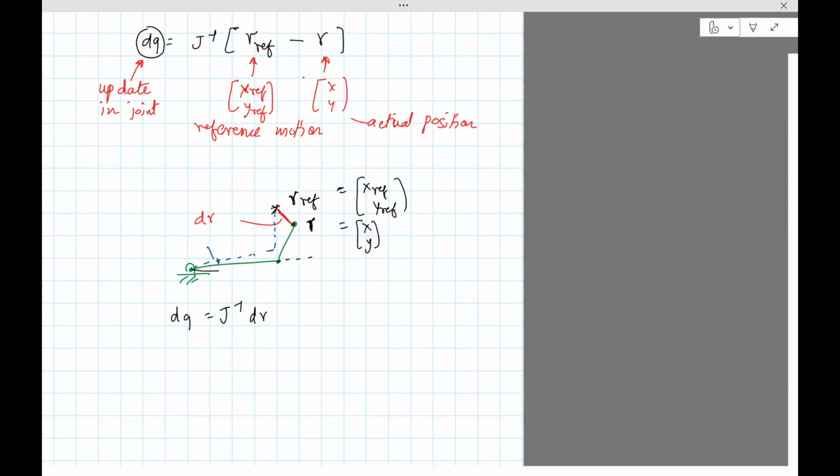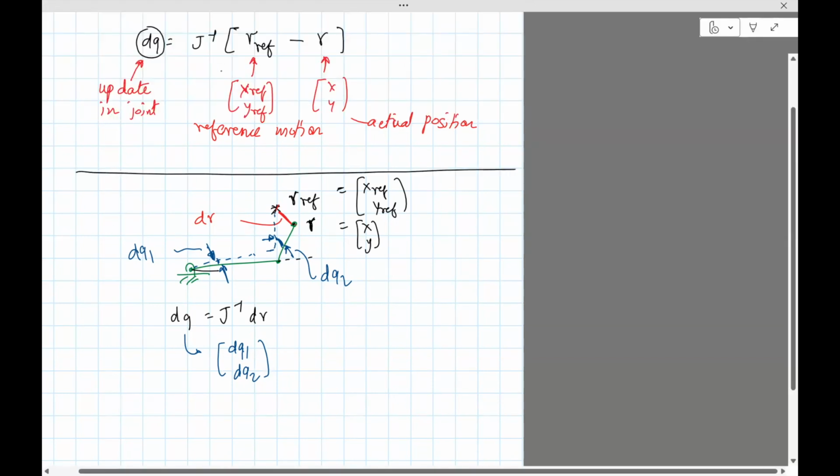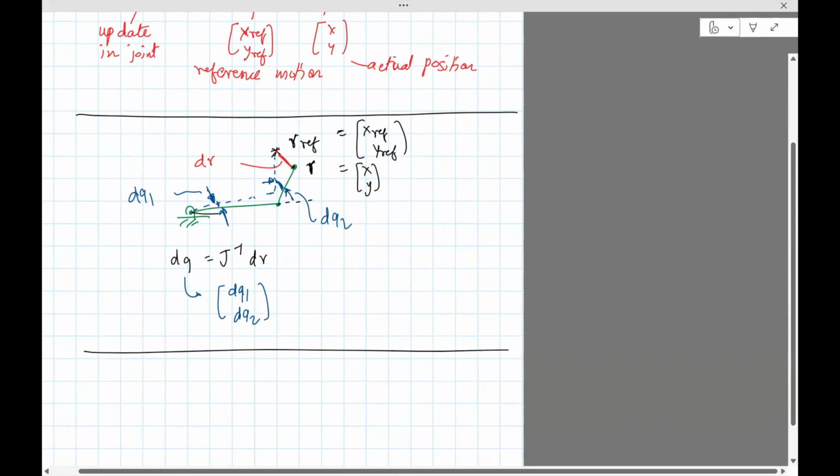This change is dq1, and then this change is dq2, and dq is dq1, dq2. If you change it, you'll have R going to R ref. And if you keep doing that for all points, then you'll be able to trace whatever curve you want.